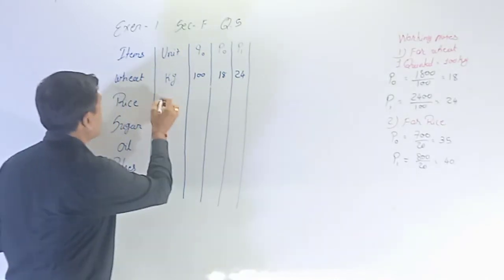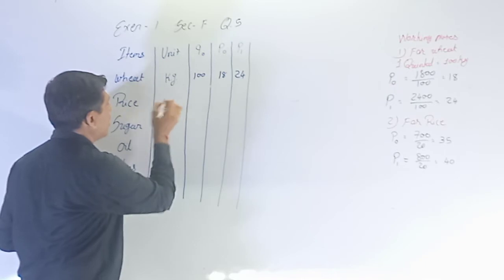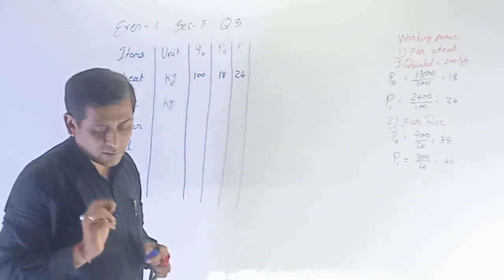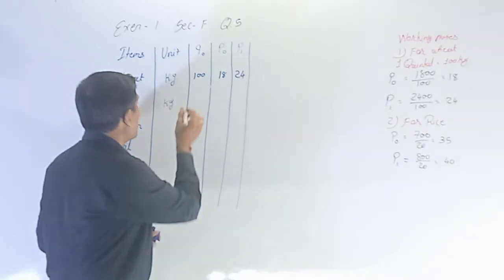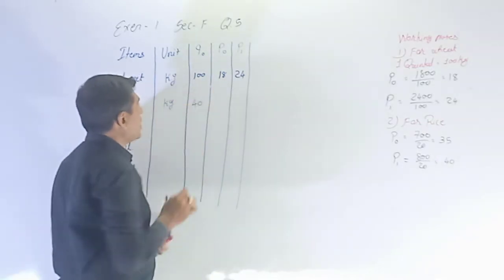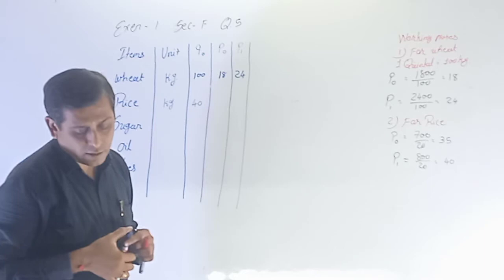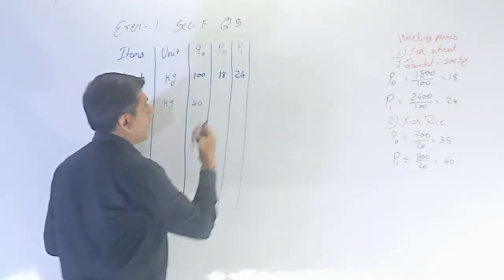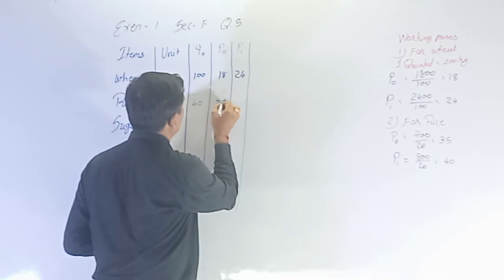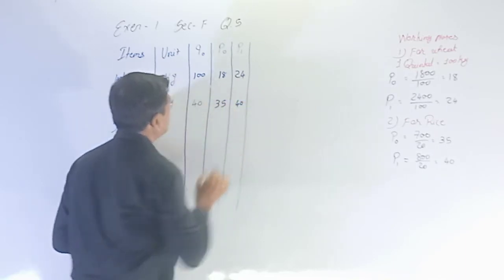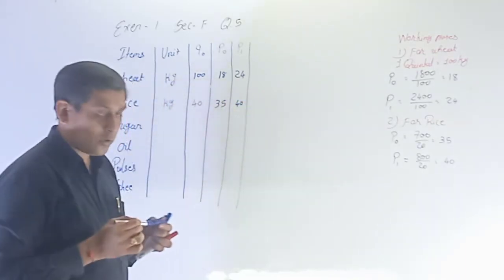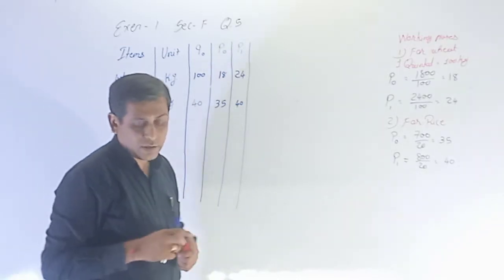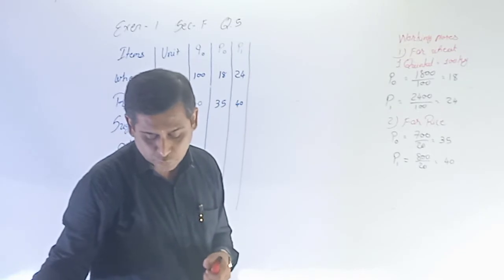In the unit column you have to write just kg, not 20, because the 20 is divided into the price. In the quantity column you write no change, that is 40, and in the price column we write 35 and 40. Okay, the working note for rice is over.